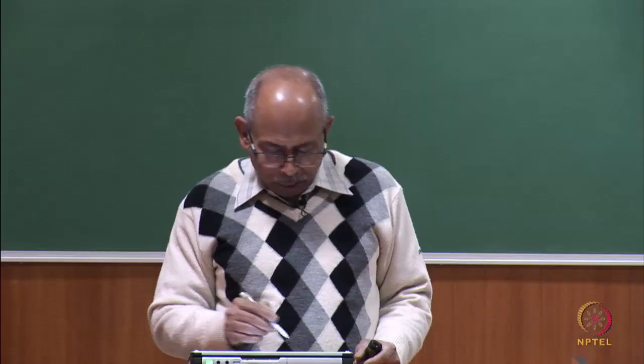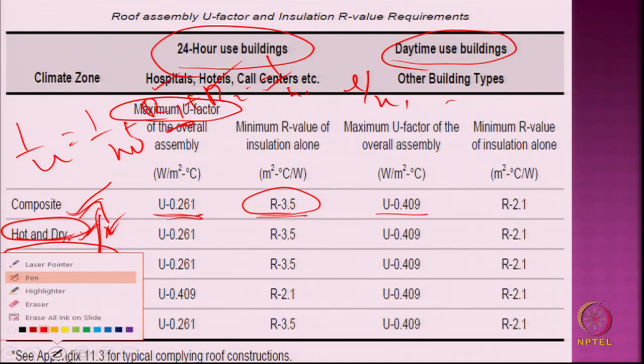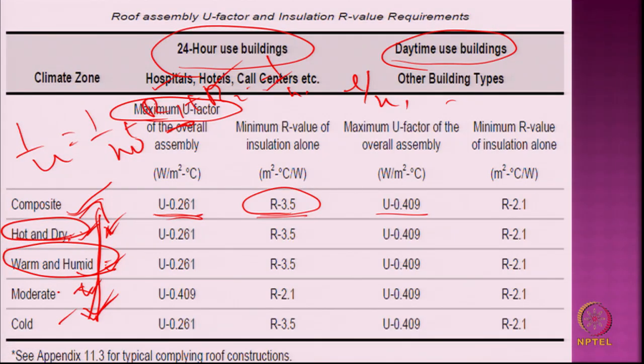So, moderate climate is somewhere there. Where 6 months or more belong to this, they fall into these categories.